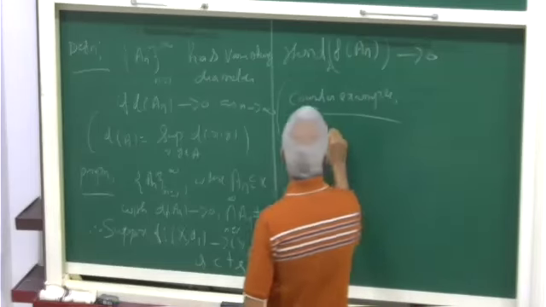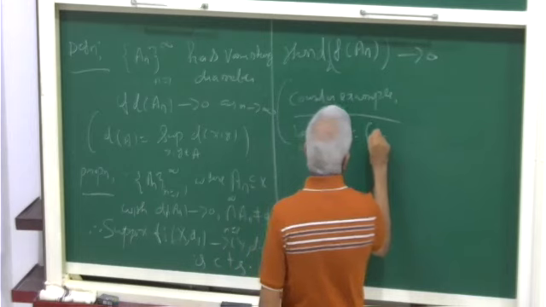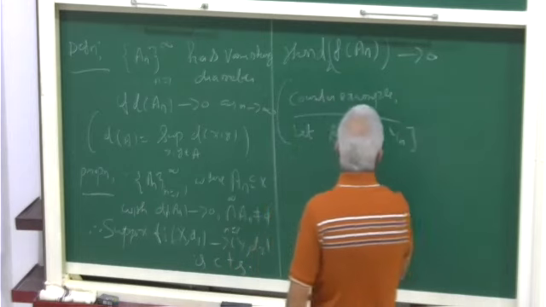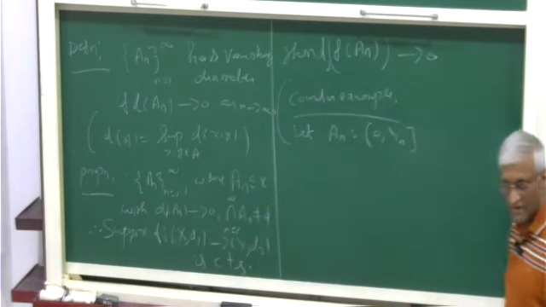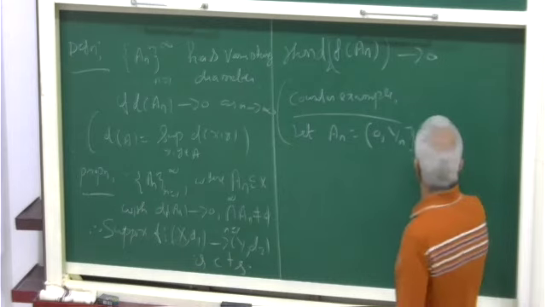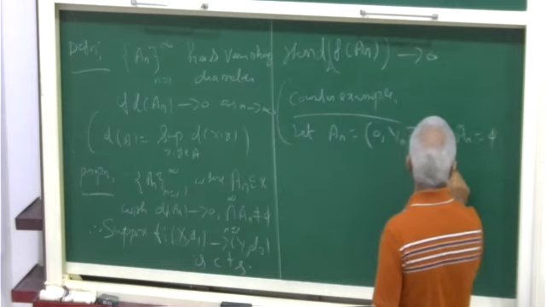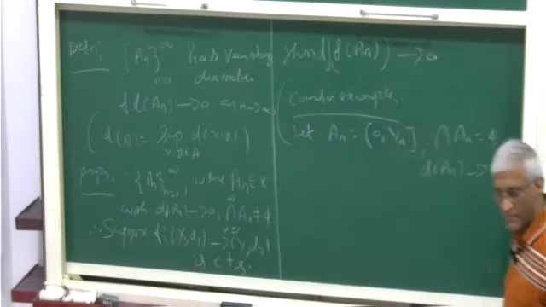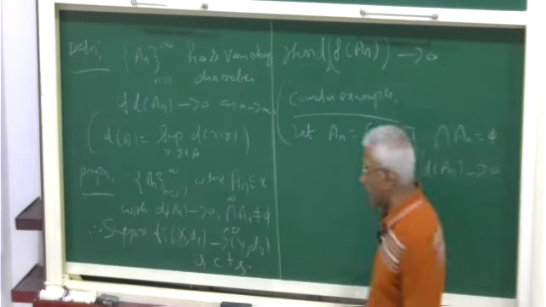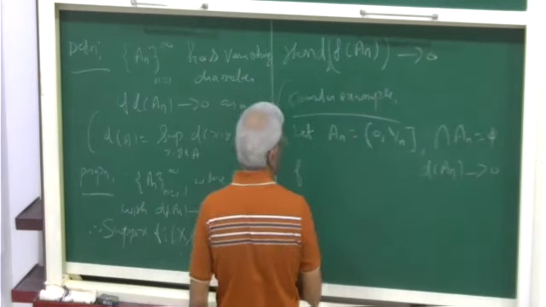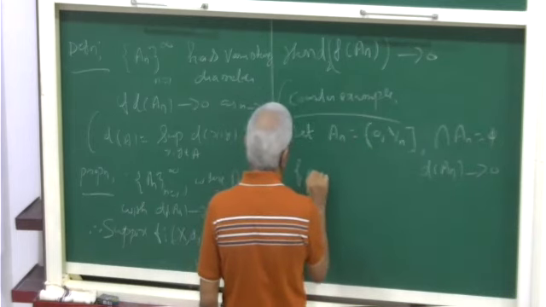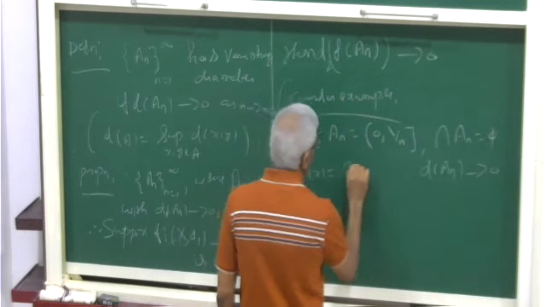So let us take A_n to be equal to this. This is a counterexample. Then the intersection of A_n is equal to empty, and d of A_n, of course, goes to 0. Clearly goes to 0. And you take f(x) equal to sin(1/x).